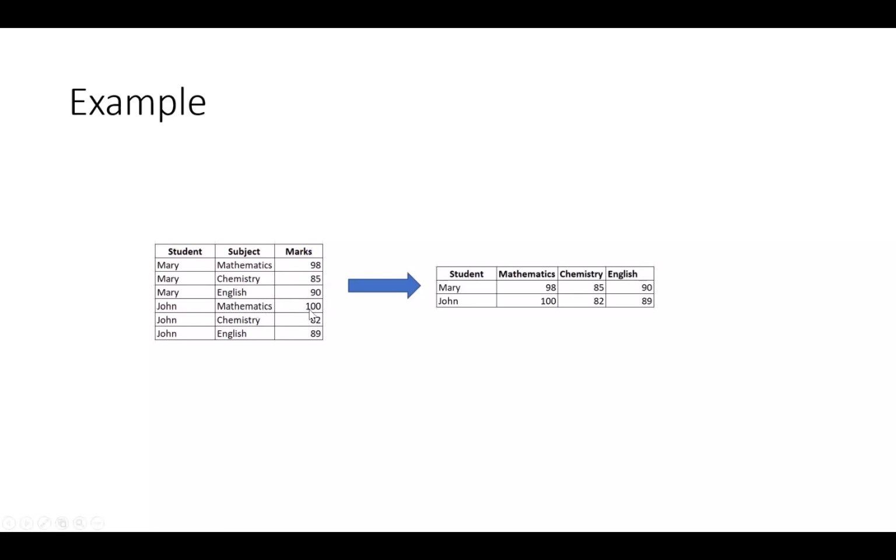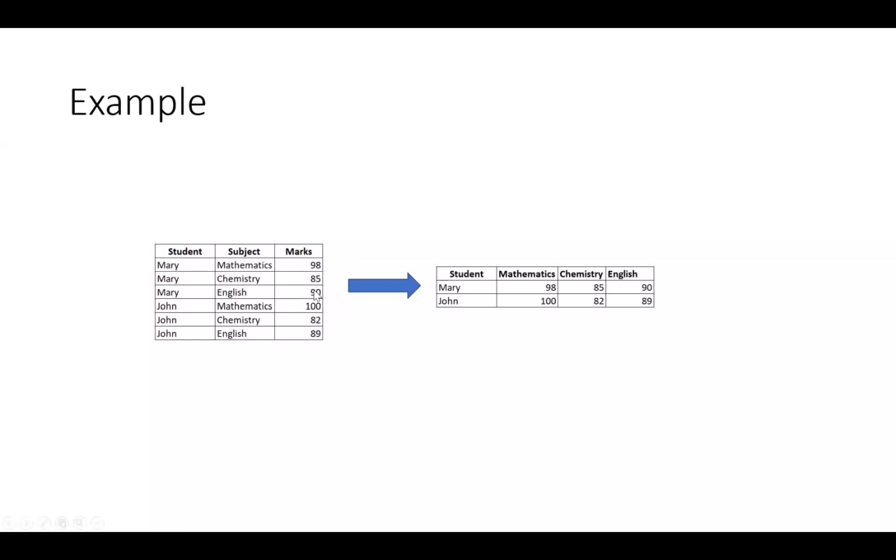So obviously John is better at math according to this score. But it's a tedious task, like I said, to look at the data set in this format and then derive a certain conclusion from this view.